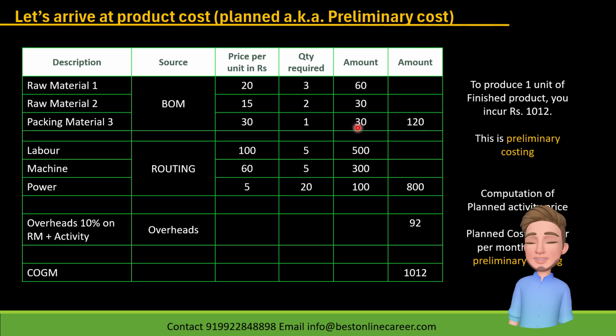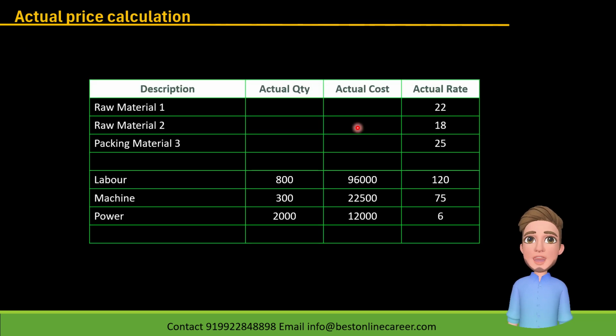Okay, 1112. Now we go to the actual price calculation. The actual price calculation you get to know during the month end after booking all your expenses. Now let's say instead of 80,000 you have to spend 96,000 as labor cost for the same 800 hours. Now your cost doesn't remain 100 anymore. So the cost that you get to know is 120.